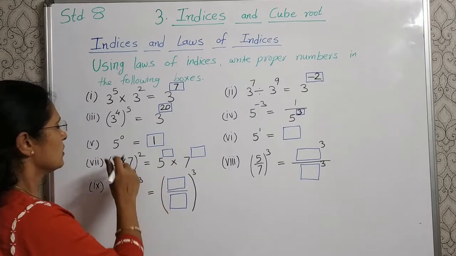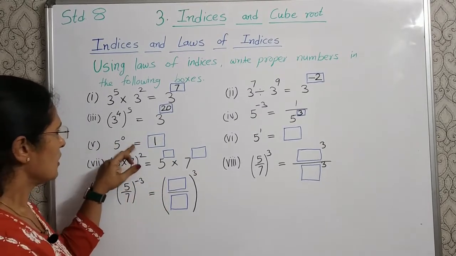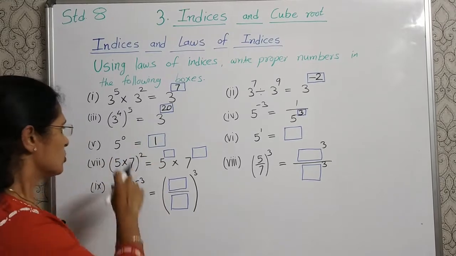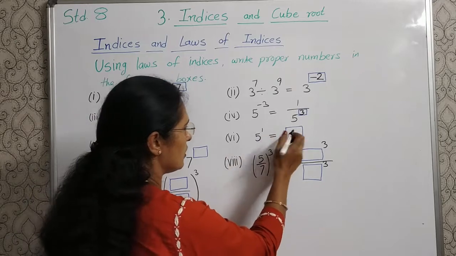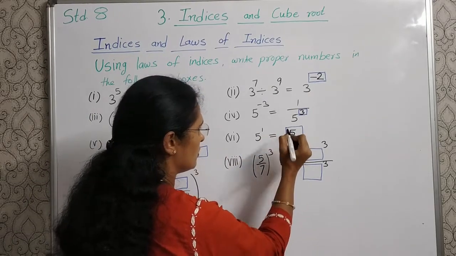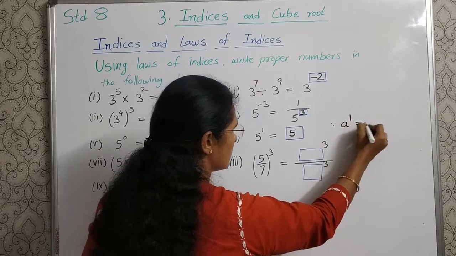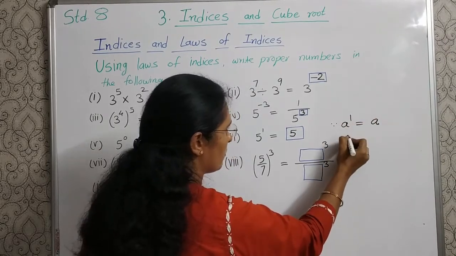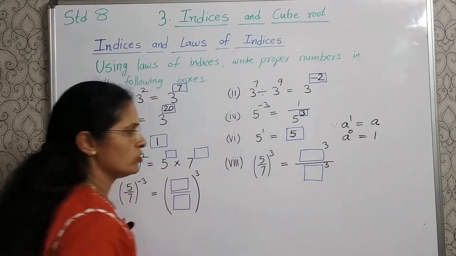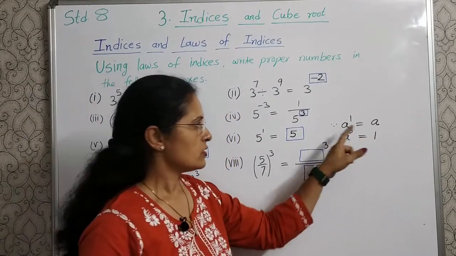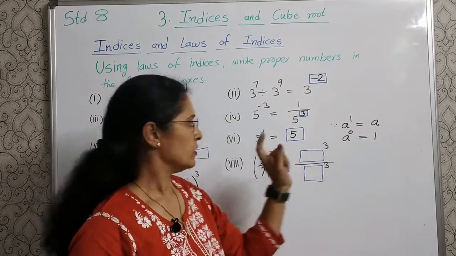So whenever the index is 0 for any base, the answer is always 1. So a raised to 0 is equal to 1. Next, 5 raised to 1 is 5 only. So it is like this, a raised to 1 is always a, but a raised to 0 is 1. So don't get confused in this.